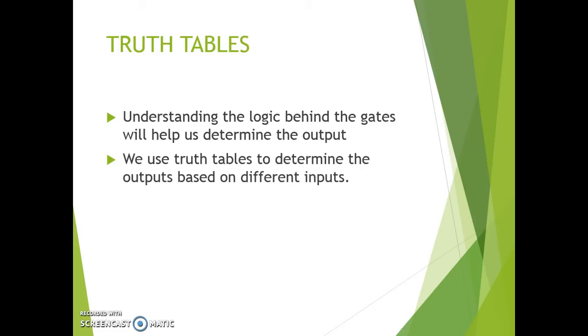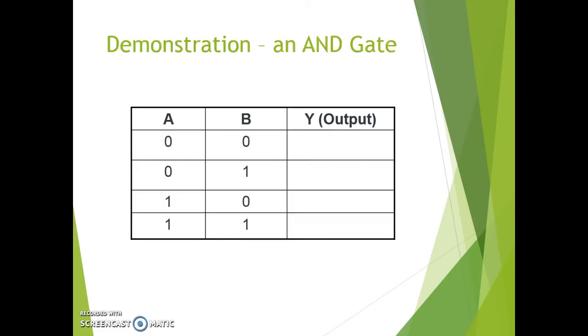Okay, so we can use these truth tables to determine the outputs based on the inputs. Here's a truth table, and I'm going to demonstrate how to work it using an AND gate. And just for fun, we're going to fire up a simulator and look at this from a simulated point of view, simulating an AND gate.